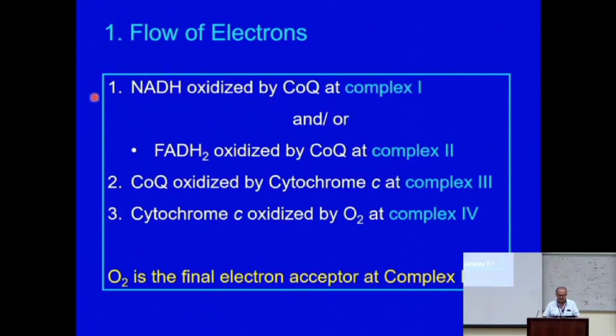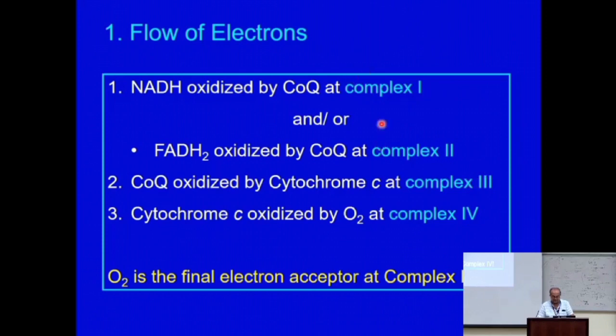So if you start with NADH, let's say this NADH is produced by pyruvate dehydrogenase. It will get oxidized at complex 1. NADH dehydrogenase in this complex will take these electrons, give them to coenzyme Q. Coenzyme Q is the mobile carrier. It will move around the membrane and goes to complex 3.